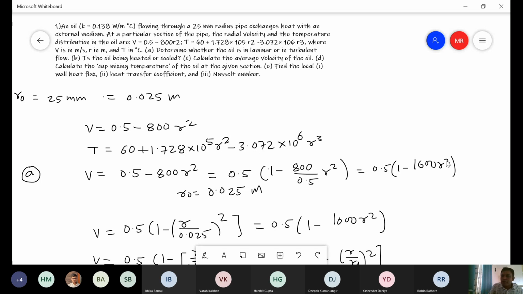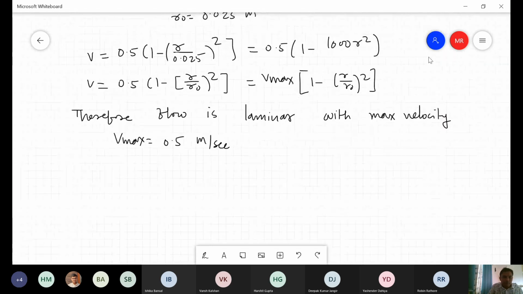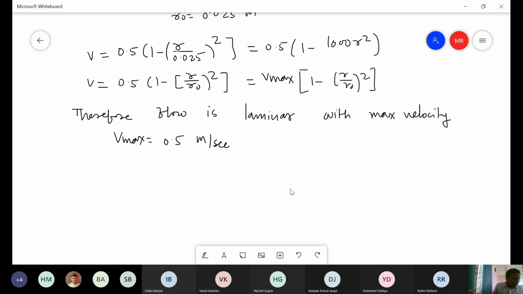Okay, so can you do it? Is it clear to everyone? Yes, sir. Okay, so there are two ways we can find out whether the oil is being heated or not.